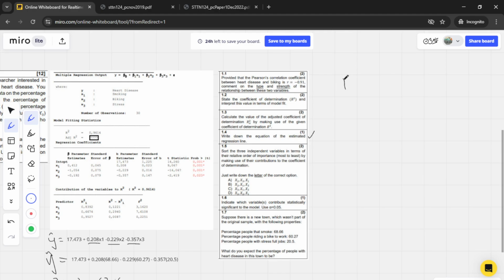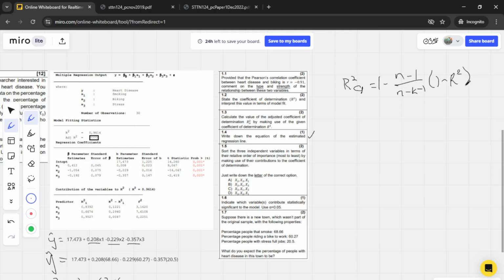So the formula is given by r squared a equals 1 minus n minus 1 over n minus k minus 1, open brackets 1 minus r squared.